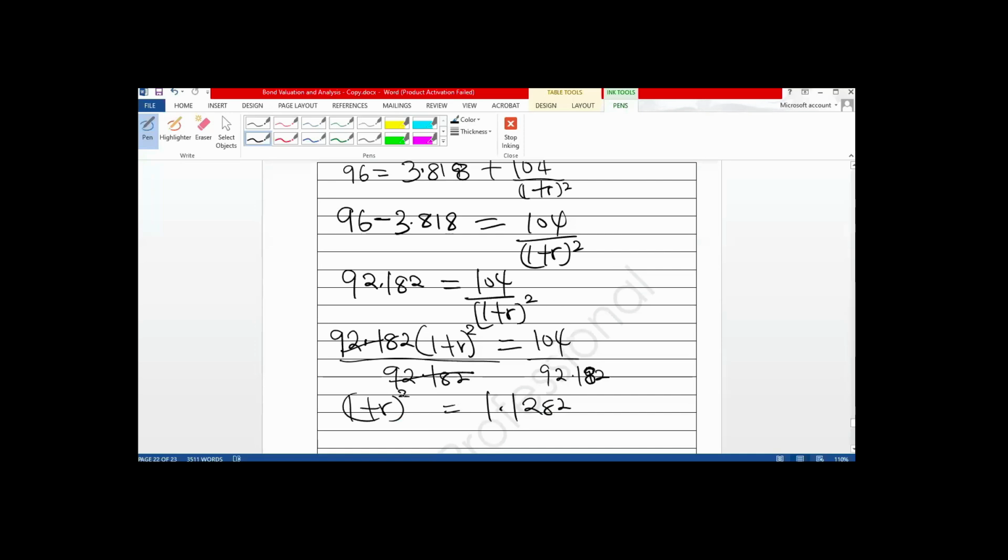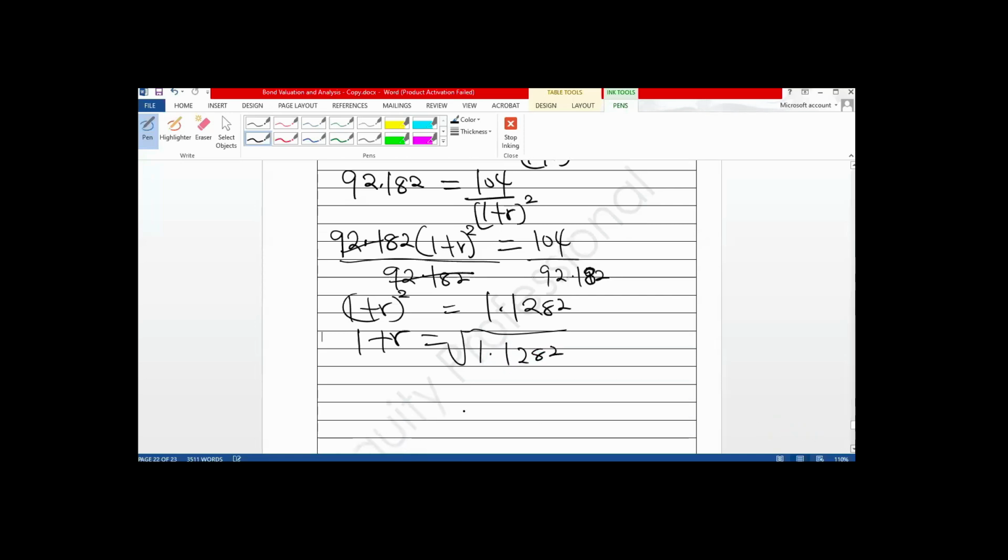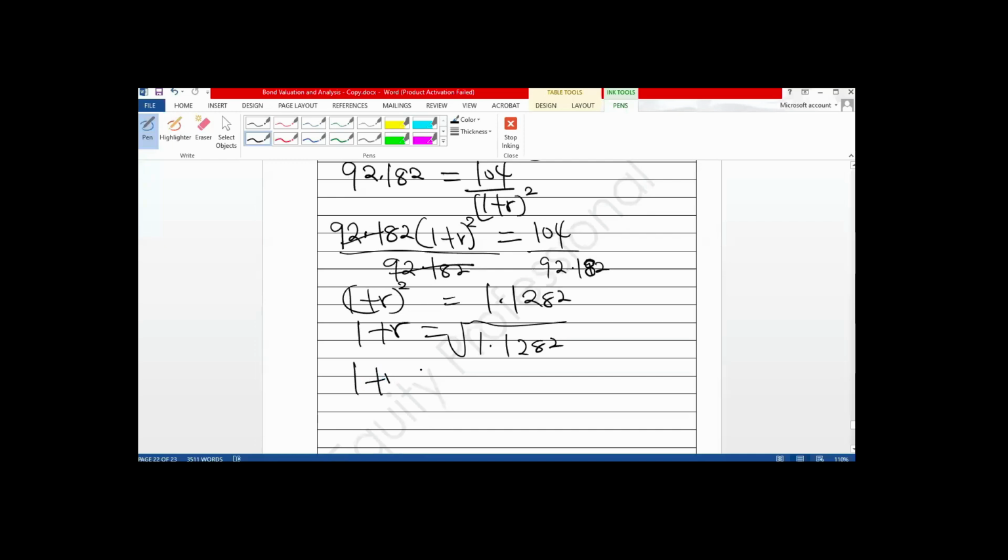Now you have a square here. I can take it to the other side, and that becomes a square root. That means 1 plus R is equal to the square root of 1.1282. What is that square root, please? 1 plus R is equal to 1 point what?